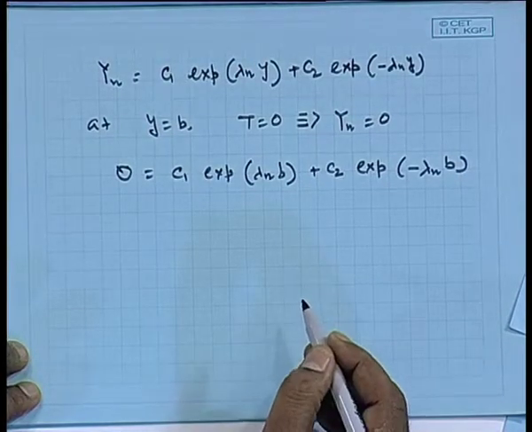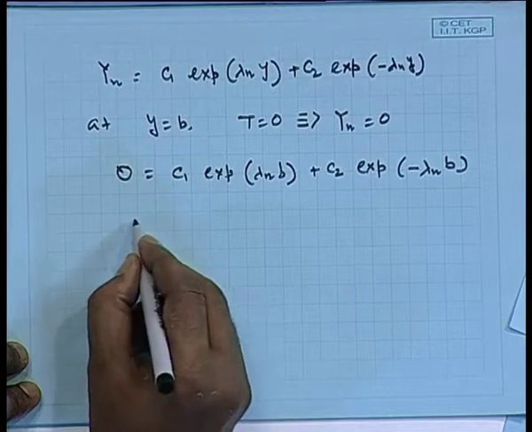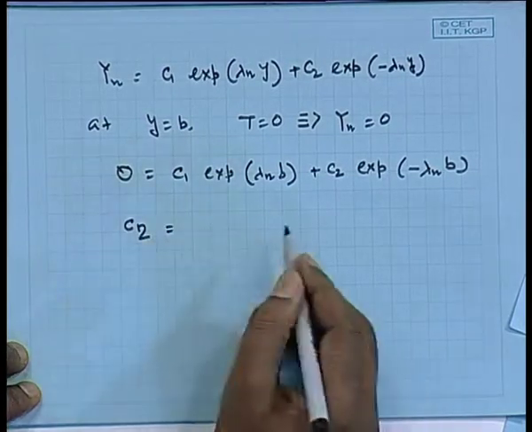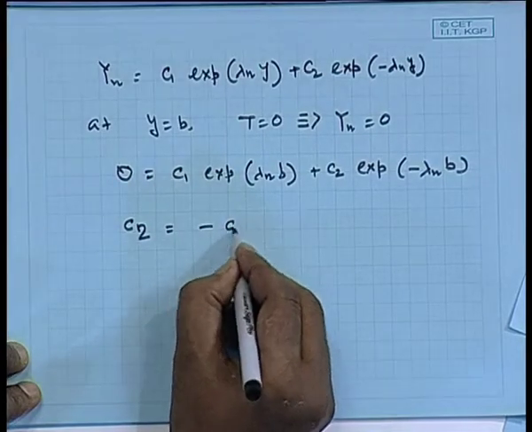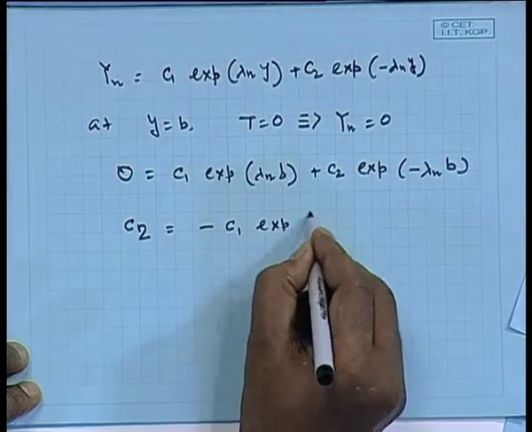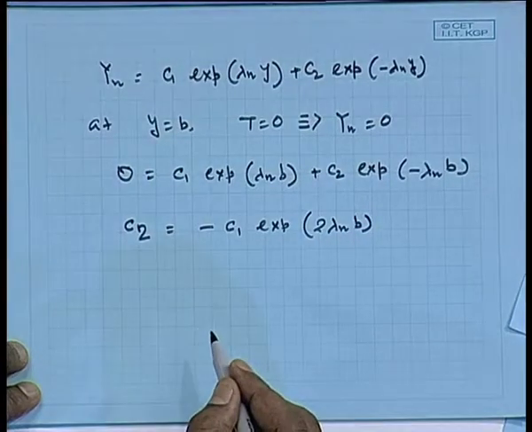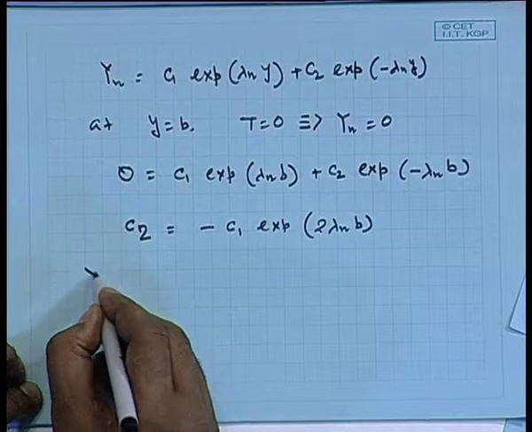Okay, fine. So, let us see. C2 is equal to minus C1 exponential twice lambda n b. Okay. Let us see what Y n is.